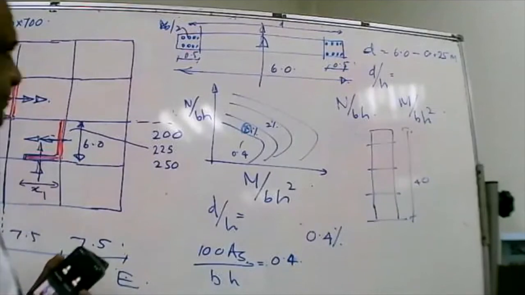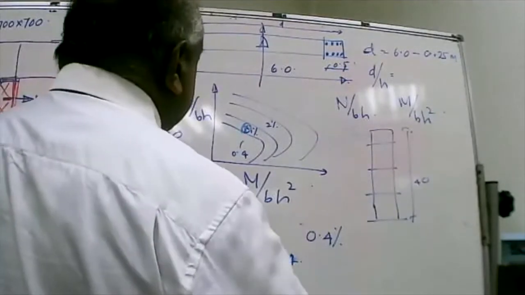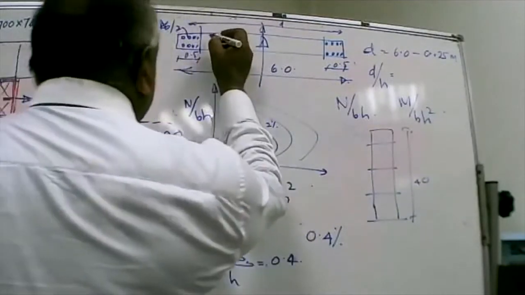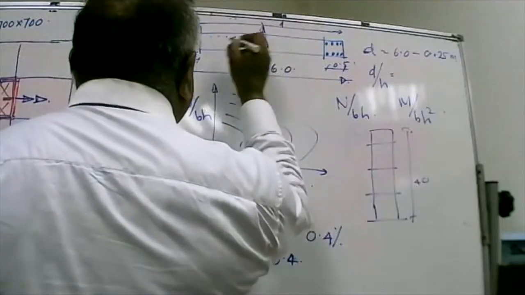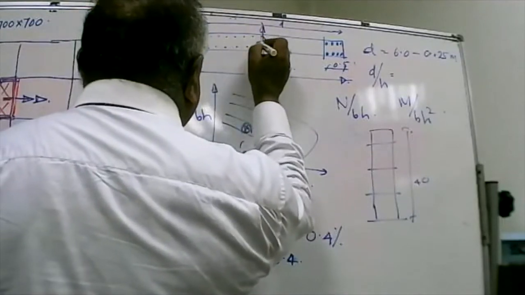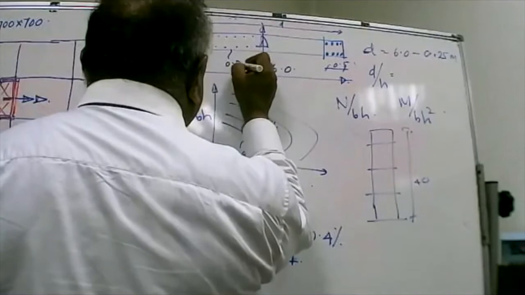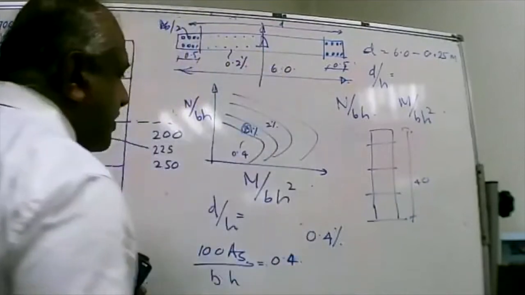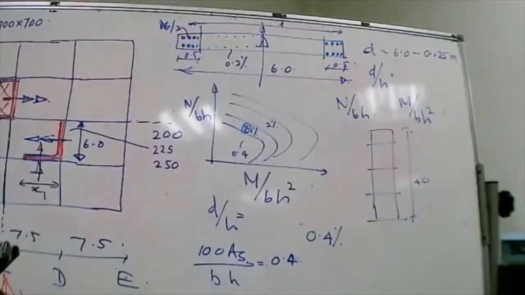For the rest, the Eurocode says provide 0.2% reinforcement in the vertical direction, whereas the British code earlier used to say provide 0.4% reinforcement.